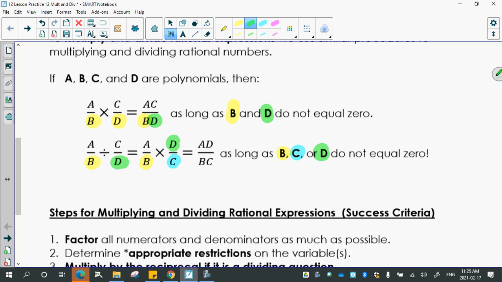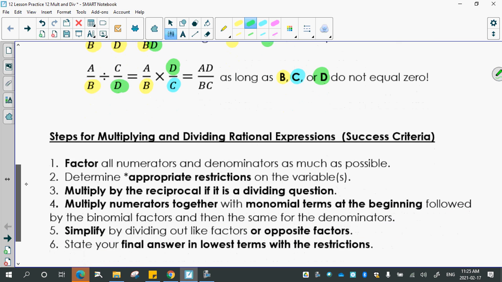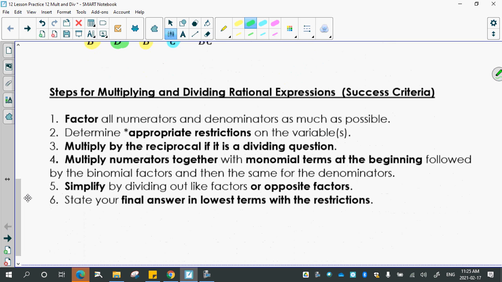And we will do that. All right, so we've also got steps here, steps for multiplying and dividing. Steps are good. A lot of us really like steps. First step, factor all numerators and denominators as much as you possibly can. Same first step as the last one. 2, determine appropriate restrictions on the variables.